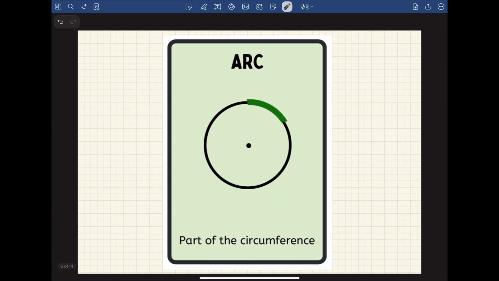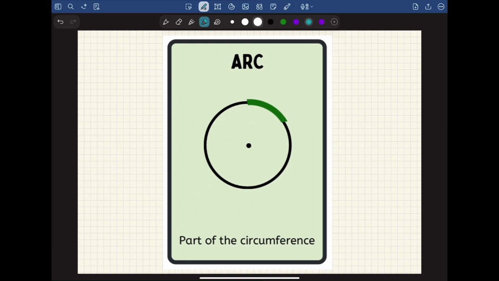What is an arc? An arc is the part of a circumference. So this is the entire circumference. A part of the circumference is known as an arc. So we have two arcs here. Okay, let me use another color.